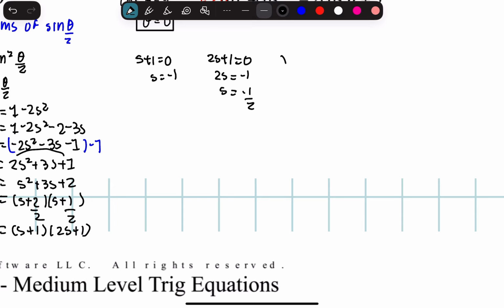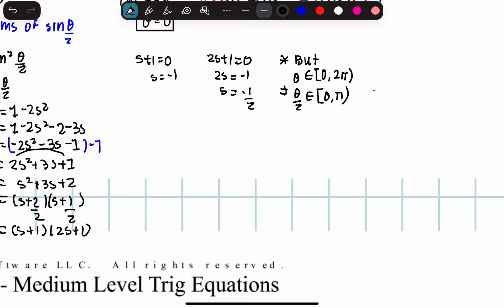Here you have to note that theta is going to be a subset of 0 to 2 pi. And therefore for theta over 2, it has to be a subset of 0 to pi.